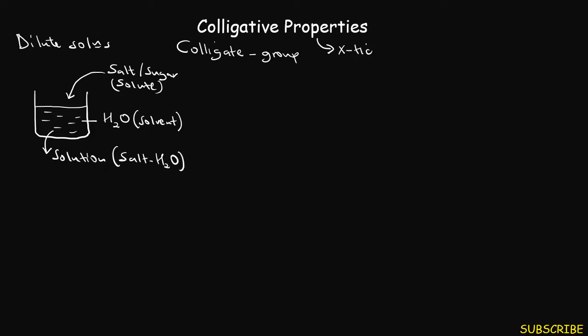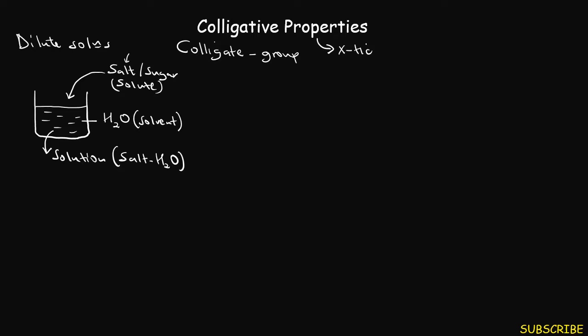The properties that this salt water solution will have will constitute what we shall call colligative properties. But these will mainly depend on how much of the salt or the sugar we shall have added into our water. So what are some of these properties?